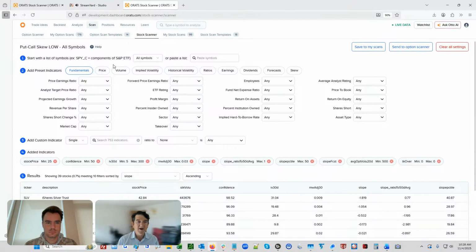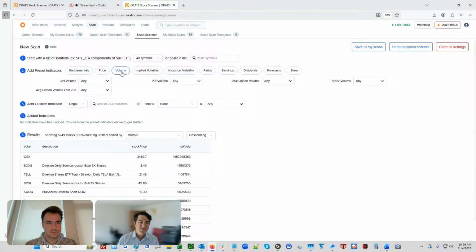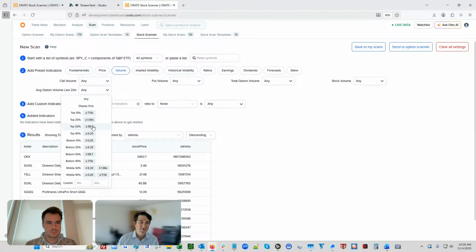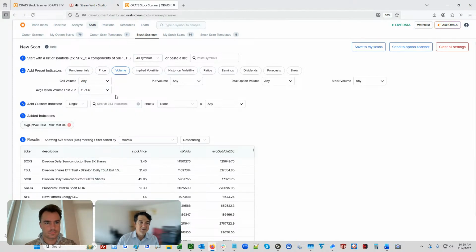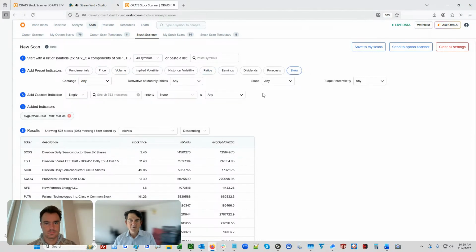If we were looking for a high slope, I'd clear these settings. I always like to put in volume, so I want volume over 7,000. Then I want to find skew, here's skew, slope that is high.